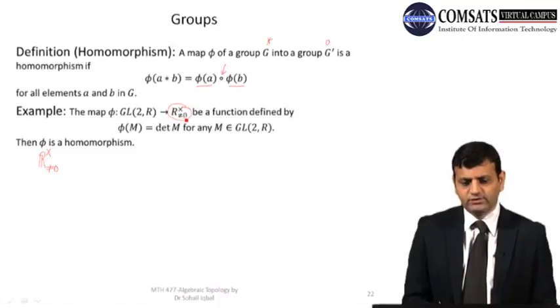That's why we exclude 0 from this set to make it into a group. So this set, which is the set of all real numbers but the 0 element, forms a group under multiplication.